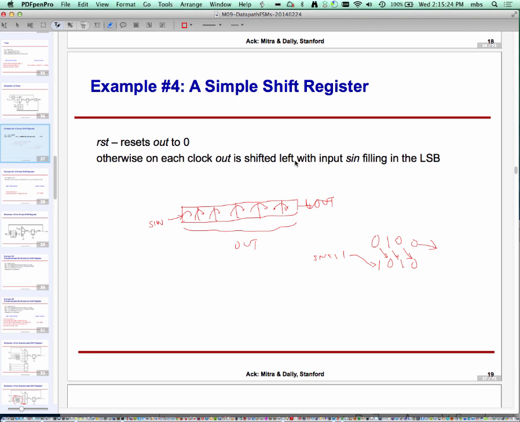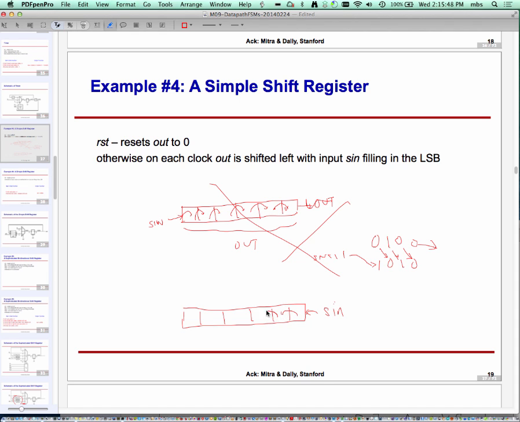So actually, if we were to ignore this for a moment and look at what the text actually says, what is happening is I have a bunch of D flip-flops, and every clock cycle I shift in a 0 here, I shift in SIN here, and then the content of the first flip-flop moves to the next one.